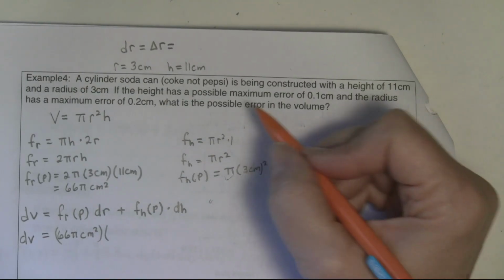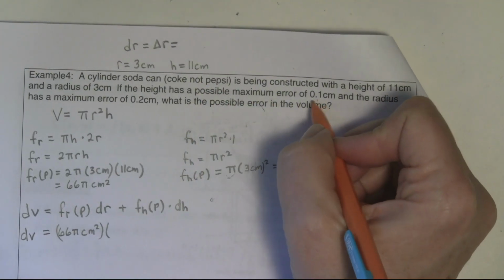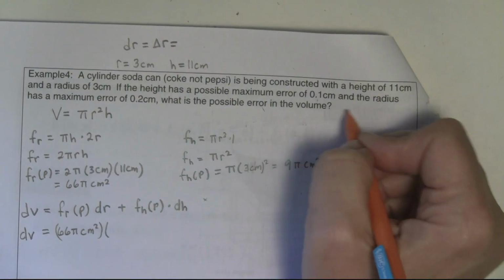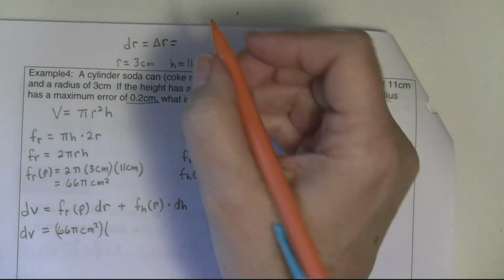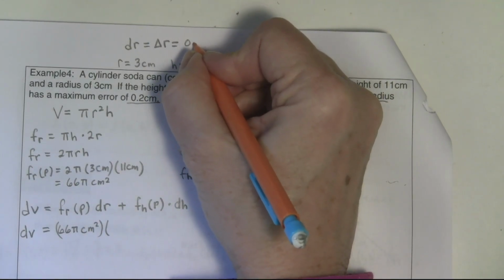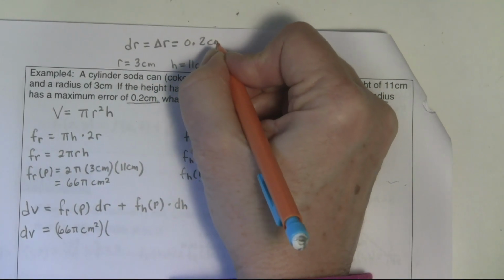The height error was 0.01, and the radius, the error could be 0.2. So this is equal to 0.2. I think that's quite a bit of error.